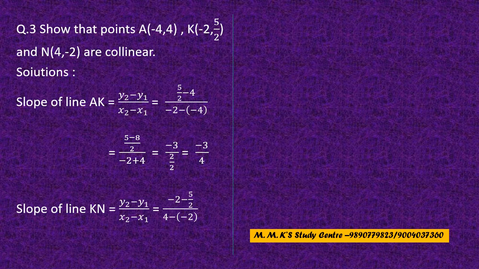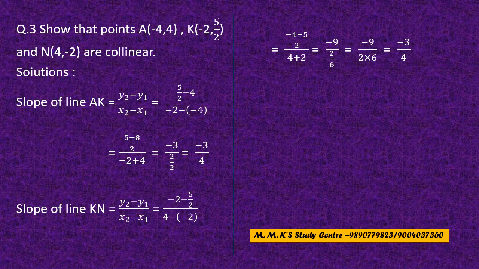Now slope of line KN. Again the same formula will apply, but now K we consider as x1, y1 and N as x2, y2. So 2 minus 5 by 2, over 4 minus minus 2.